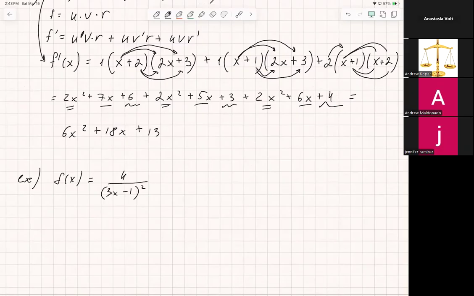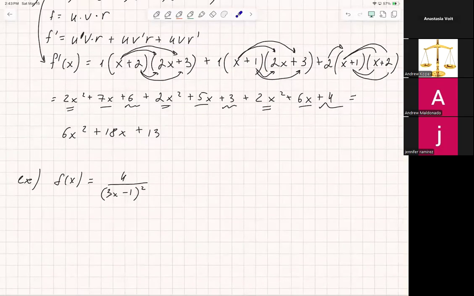First of all, we cannot really take the derivative of the denominator in this case if it's in this form, because we cannot apply the power rule here. If we were to take the derivative, the derivative of 3x is 3, this is gone, but then we have this 2 as well. So what do we do with that?